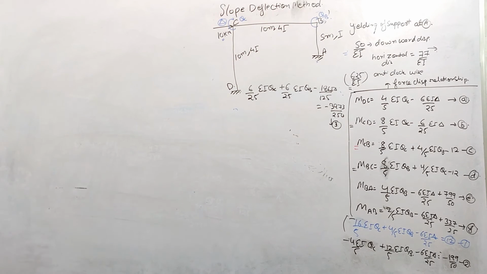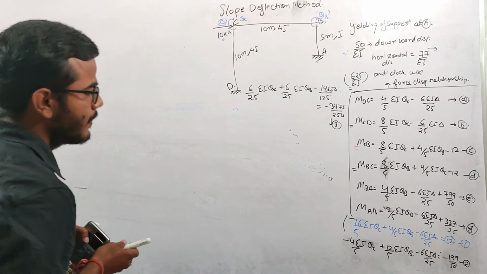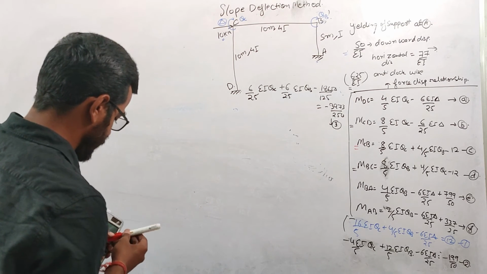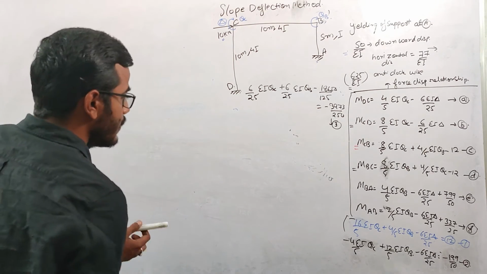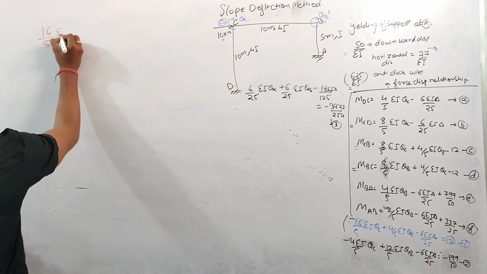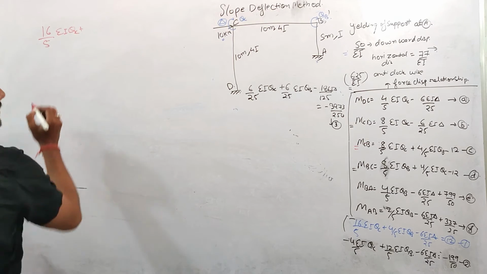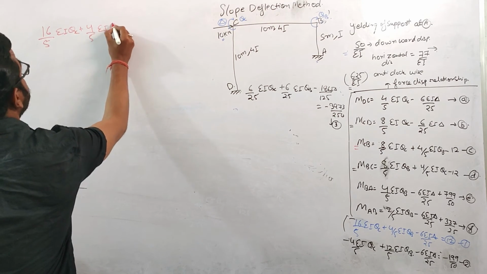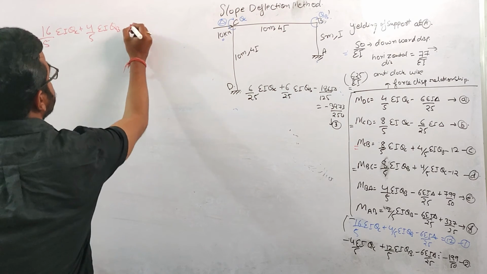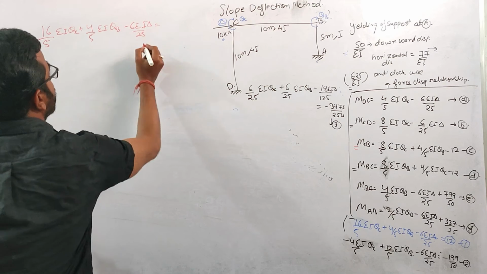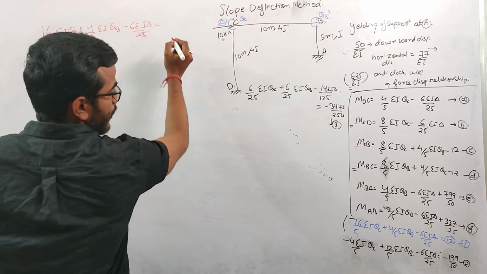So let us write the equilibrium equation again. This is 16 over 5 EI theta C plus 4 by 5 EI theta B minus 6 EI delta over 25 equals to 12.